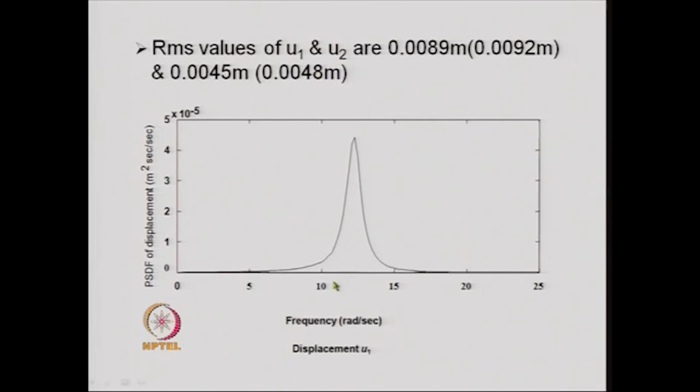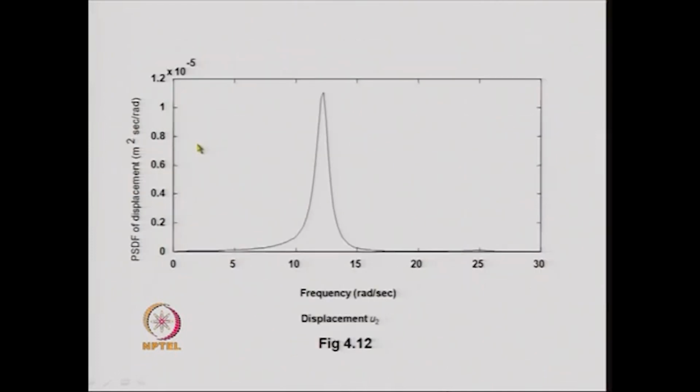So, they are plotted here, and the plot again shows that the maximum value occurs around the first fundamental frequency of the structure, and the RMS values of the responses become equal to 0.0089 and 0.0045 for U1 and U2. So, this is the PSDF of U2.